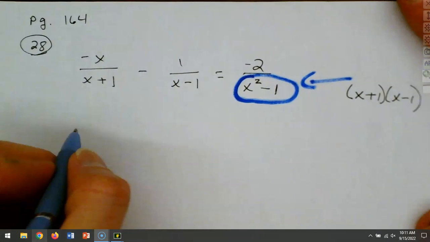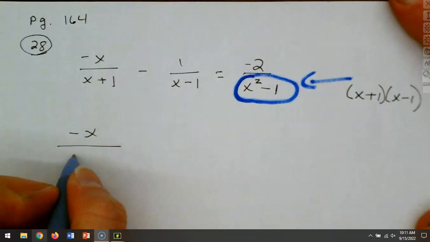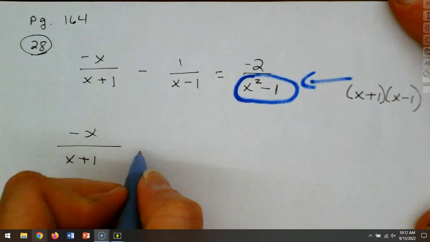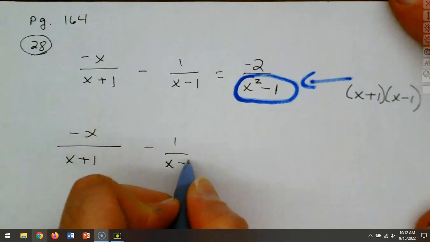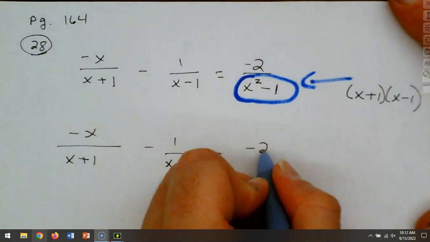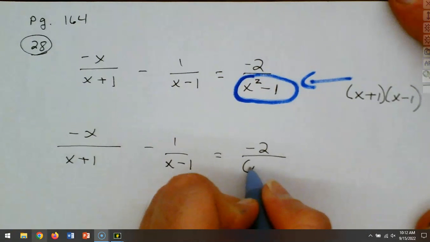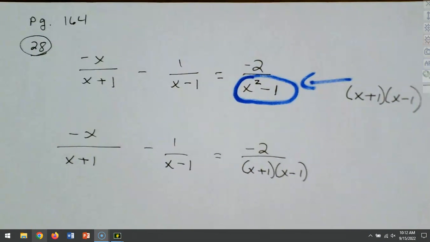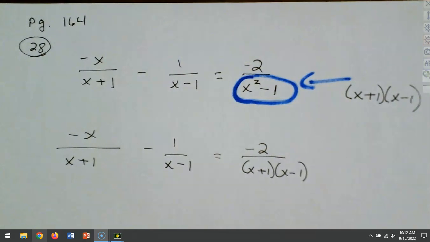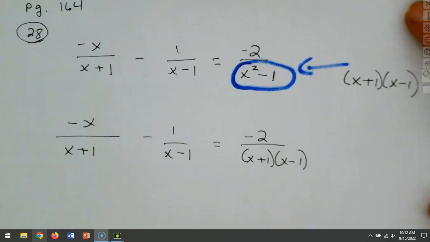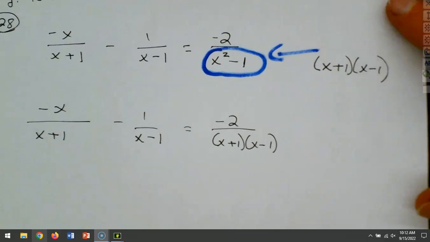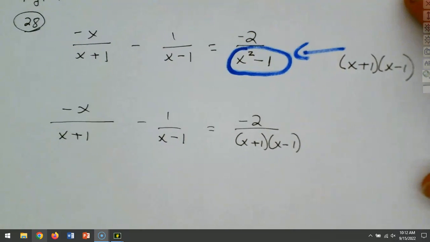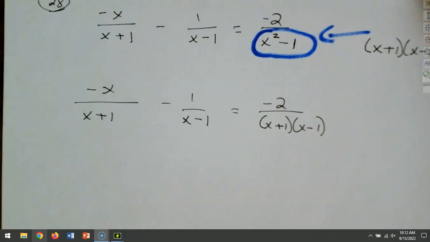So I can rewrite this as this. Right? Is everyone okay with that so far? So I factored it and it got to this point. Now, once it's here, what numbers are not in my domain? Can someone tell me?